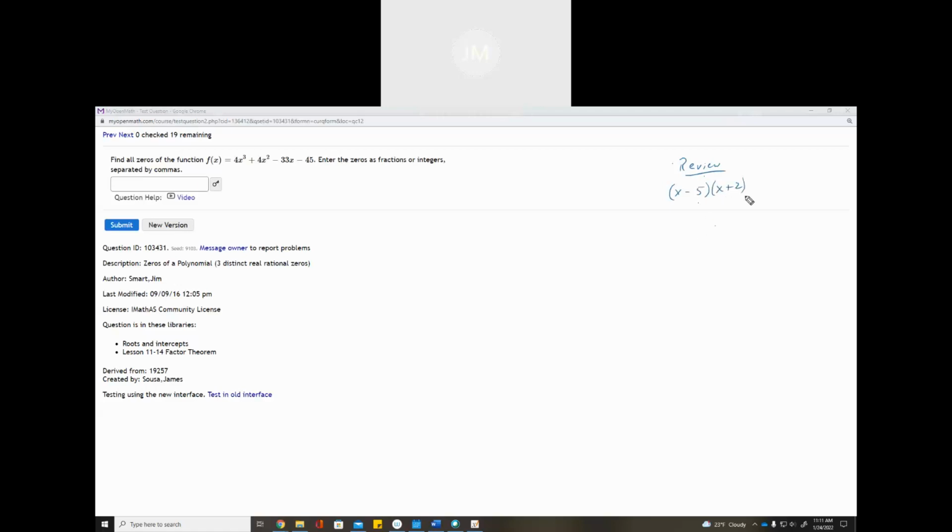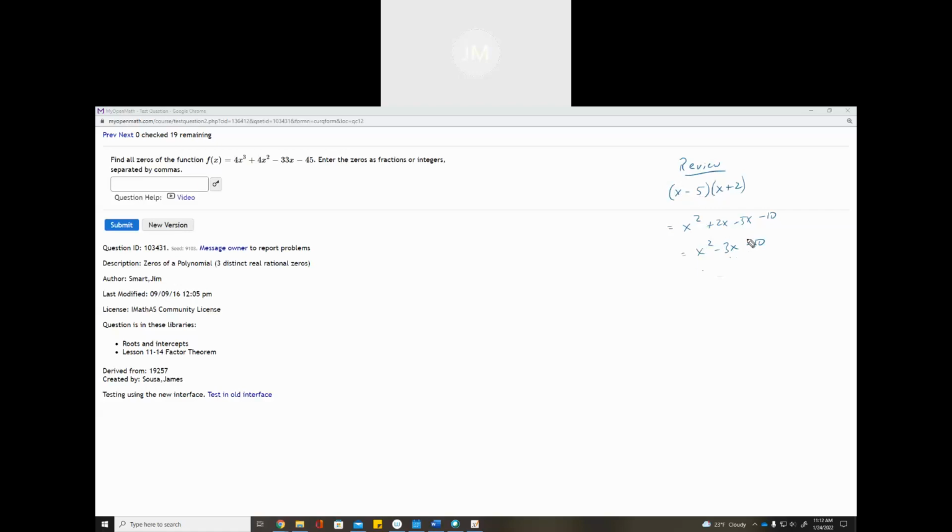When I multiply this out, when I FOIL it out, the x times x gives me x squared, plus 2x minus 5x, and then negative 5 times 2 is negative 10.